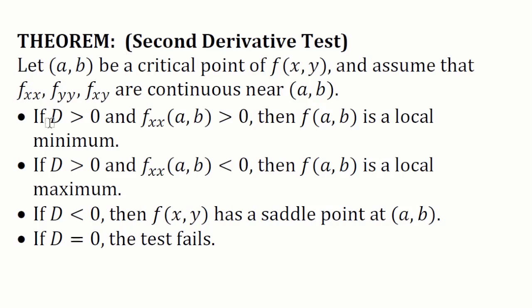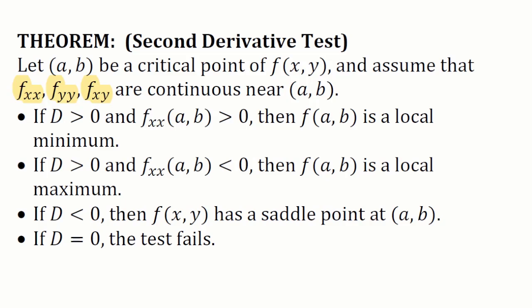So this theorem states: let a comma b be a critical point of some function f of x comma y, and assume that f sub xx, second partial derivative, f sub yy, and f sub xy. So these are the important ones. And these are all the second level partial derivatives.